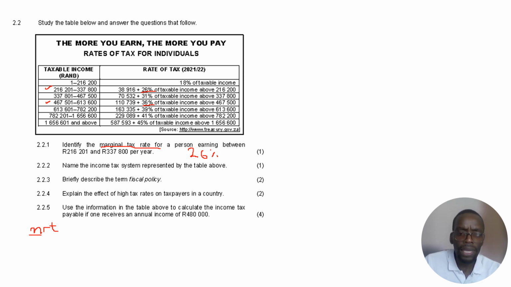Well done. Then the next question: name the income tax system represented by the table above. You can see that it's written, the more you earn, the more you pay. So this is a progressive income tax system. Why are we saying it's progressive? Because the more income you receive, the more you pay in taxes.